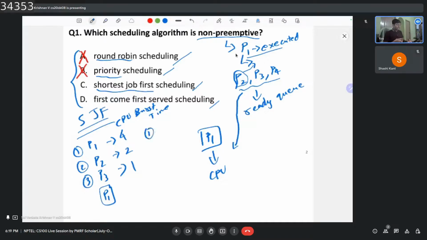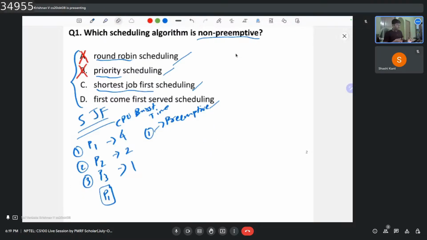It can either be a preemptive version or it can be a non-preemptive version. So both the variants can be implemented on shortest job first.